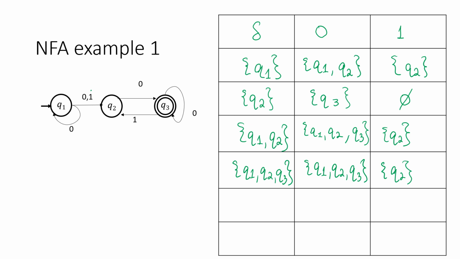So that's that. Now the last one I didn't write yet is, of course, the set Q3 itself. Q3 on 0 goes back to itself, and Q3 on 1 goes to Q2.